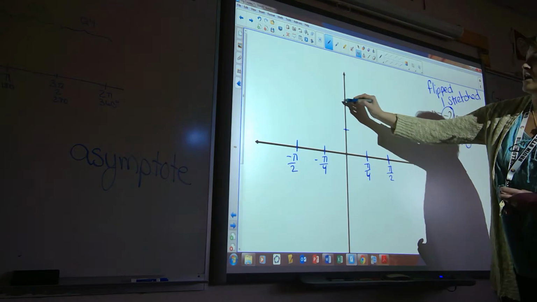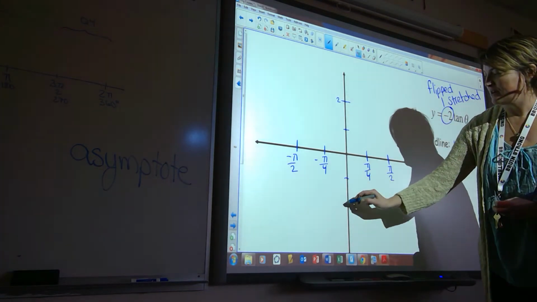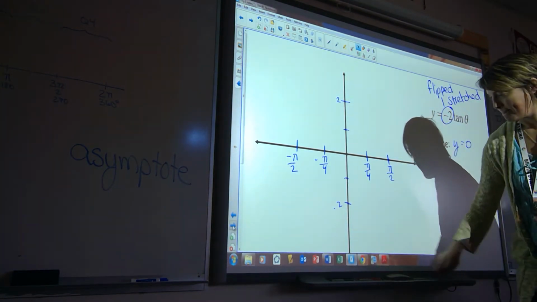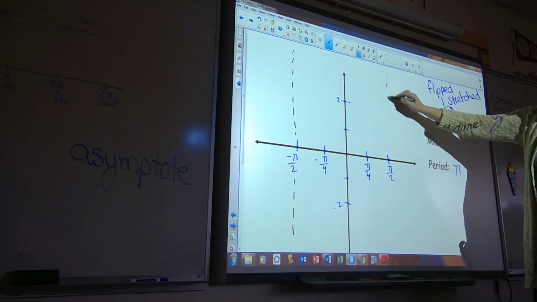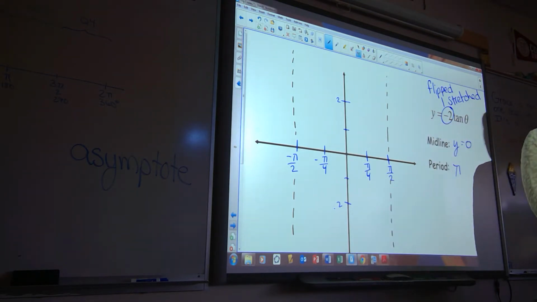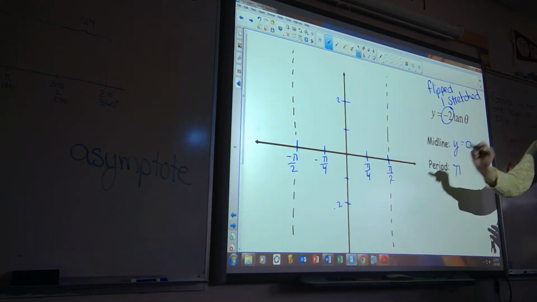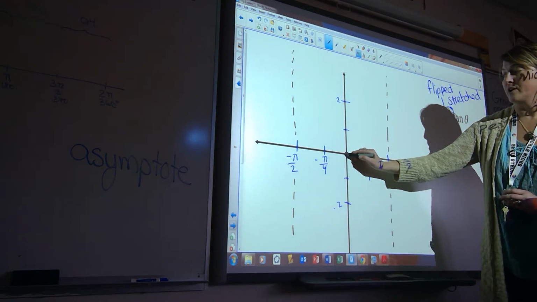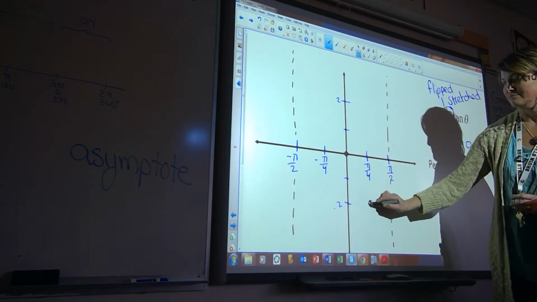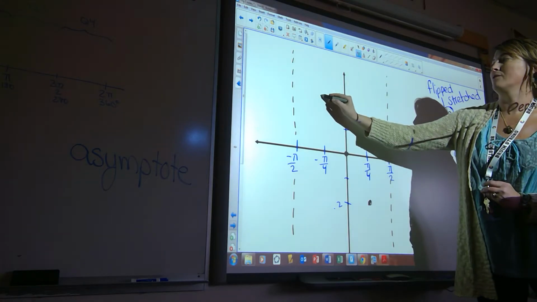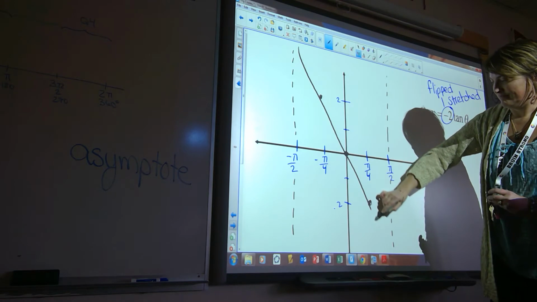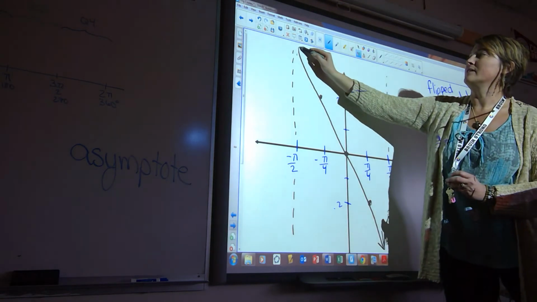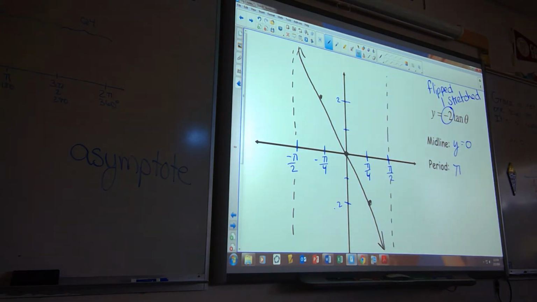But now we're going to go up to 2 and down to negative 2. Asymptote, asymptote. Now, since it got flipped, when I go to the right, I'm going to go down. And when I go to the left, I'm going to go up. And there's your curve. Easy peasy?